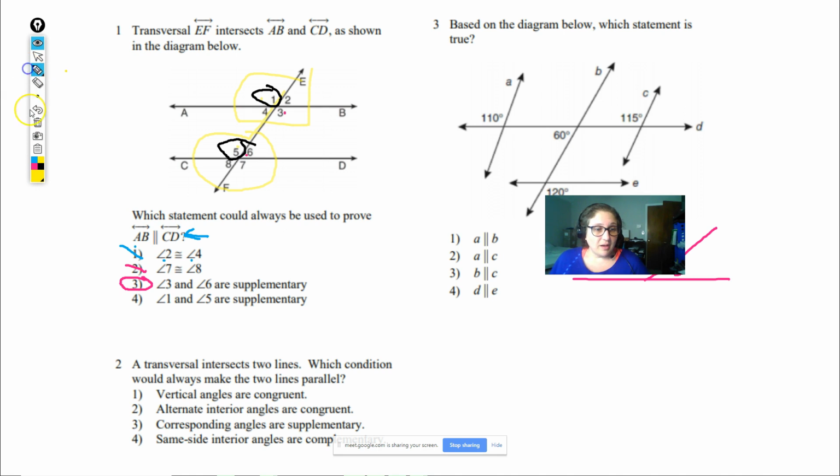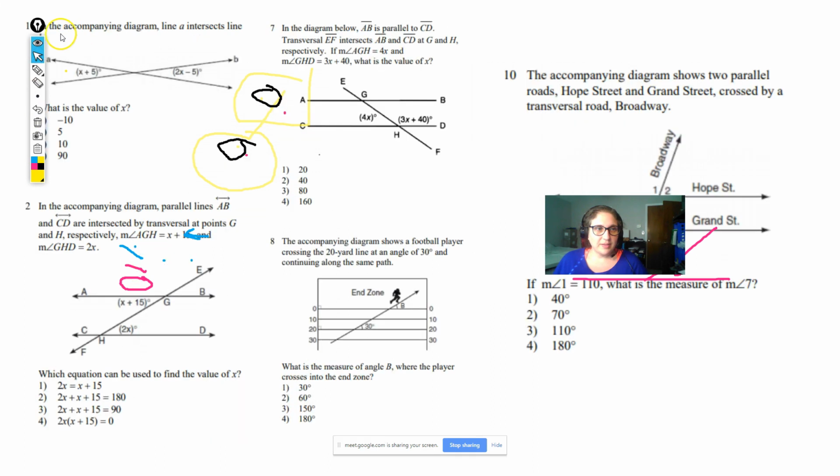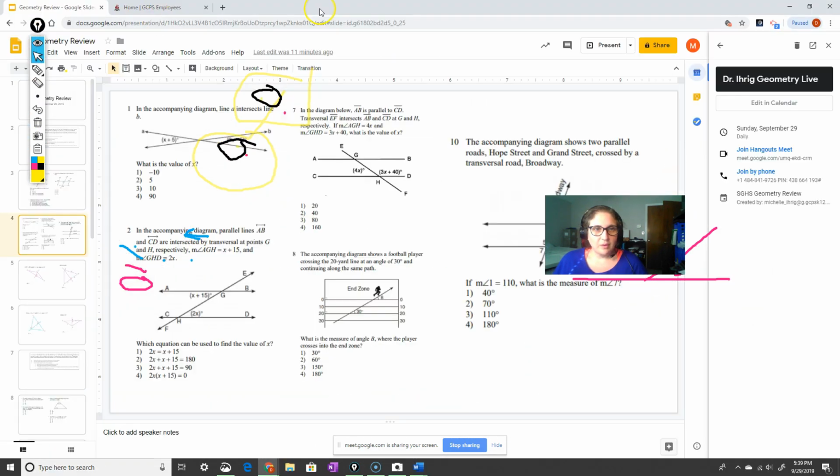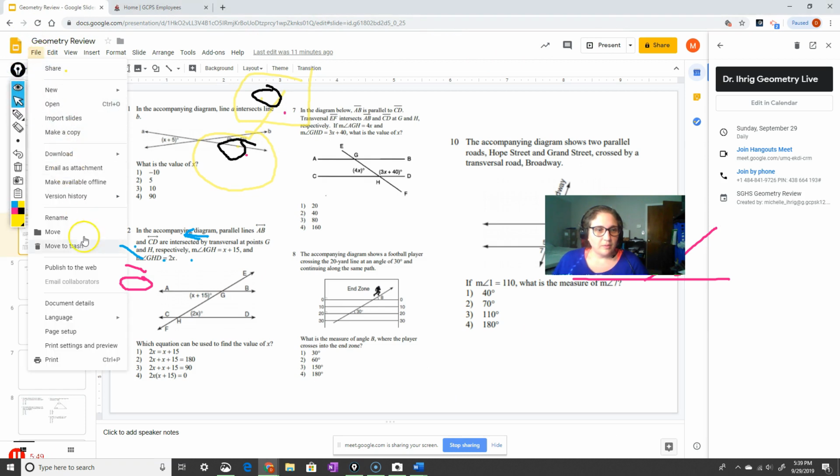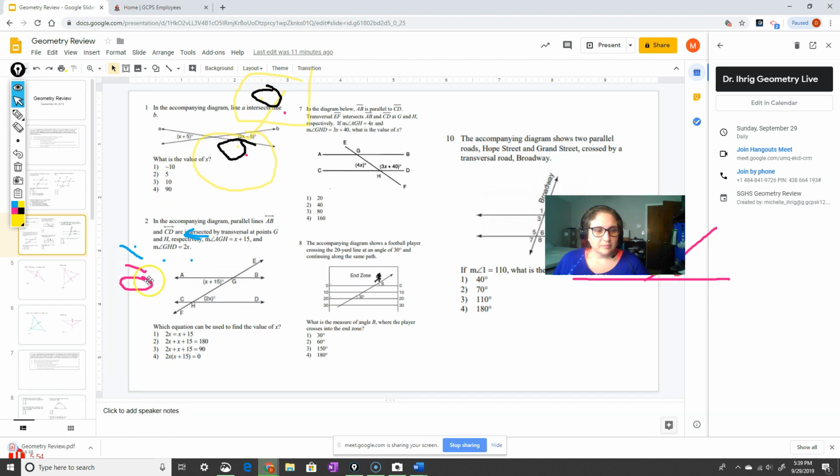Next, a transversal intersects two. Oh, do you guys want me to put this presentation on eClass so you can follow along? Okay, I just realized I didn't do that. Let me do that real quick.